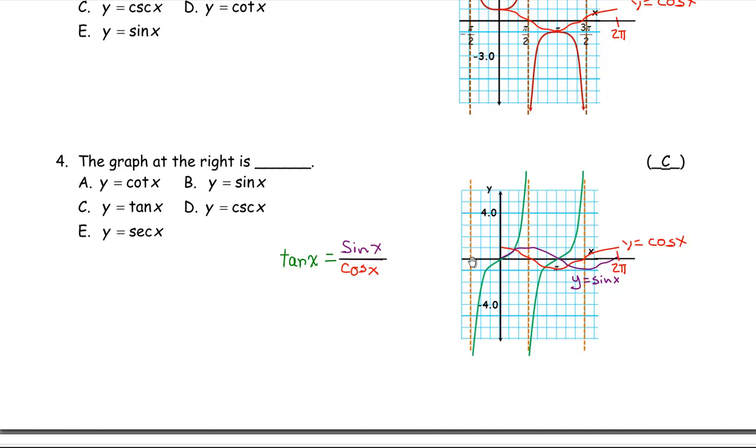Cosine would actually be 0 over here, so if we extended this cosine graph over here just a little bit, it would be 0 there again. And so that's another place you'd have a vertical asymptote for the tan. You see cotan x has the sine on the bottom, cos on the top. So where the sine would be 0 is where the vertical asymptotes would be for the cotan function.